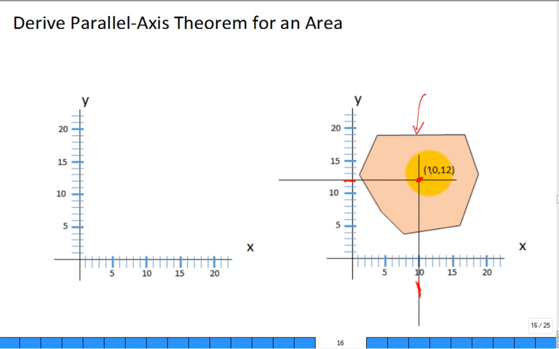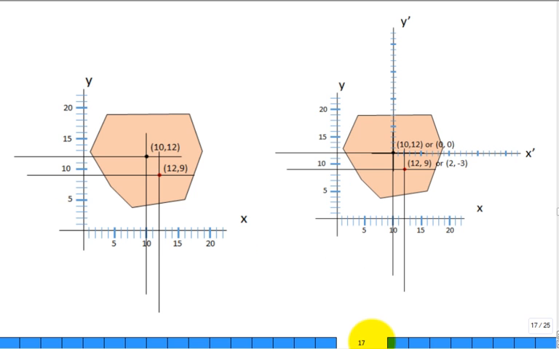Let's say that's where the center of the area, the centroid, is for this area, at location 10, 12. I just made it up. All right? So we continue on and we say, there's another point that's not at the centroid. Maybe it's at the location 12, 9. That makes sense. Some red point. I think I color-coded it red.